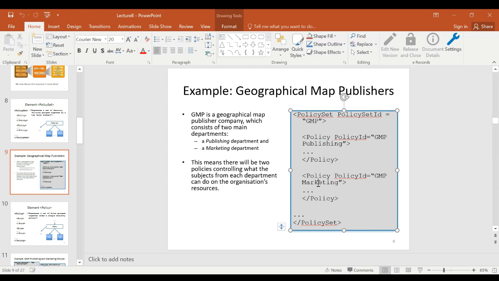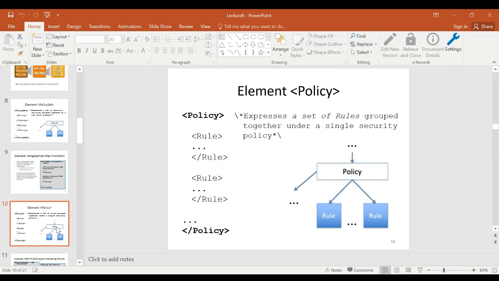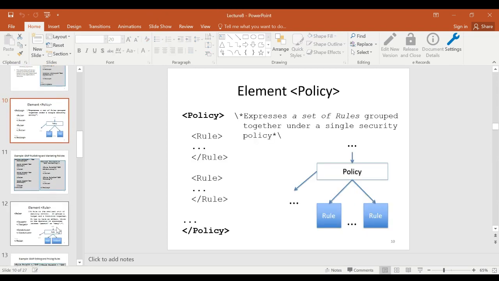However, the two together define a policy set, which is the policy set for this company called GMP, this hypothetical company. Now, let's have a look at the element which is policy.